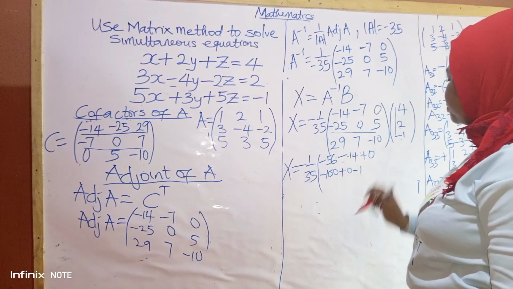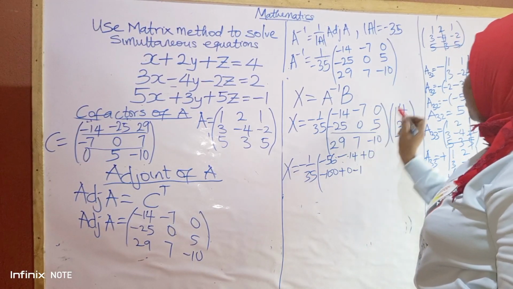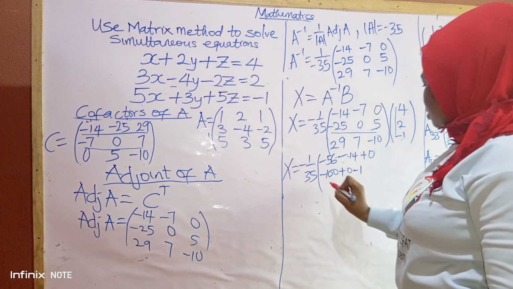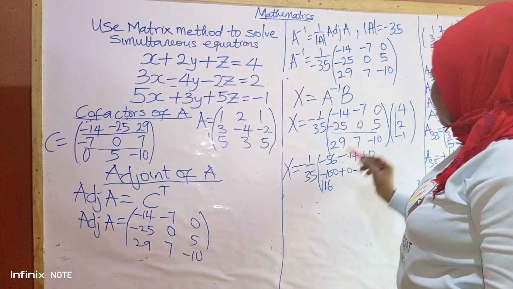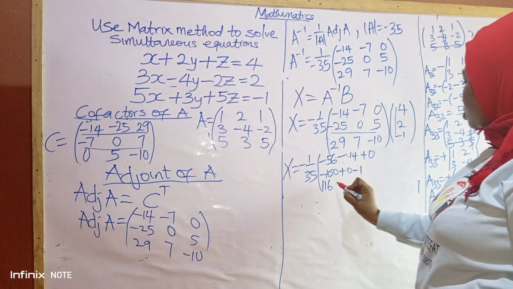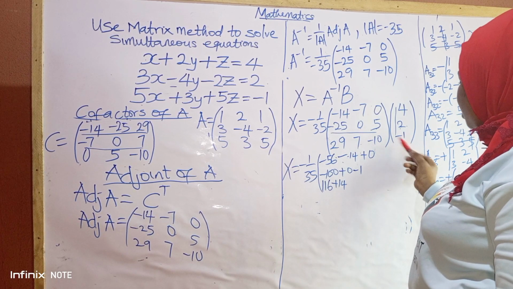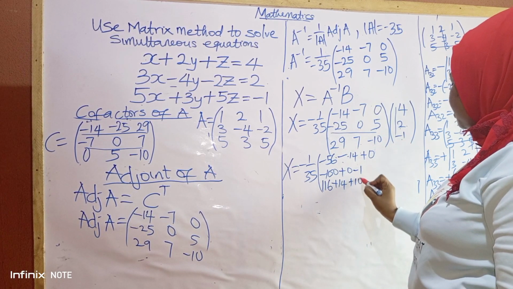Then 29 multiplied by 4, that is 116. 7 multiplied by 2, so that is plus 14. Minus 10 multiplied by minus 1, that is plus 10.